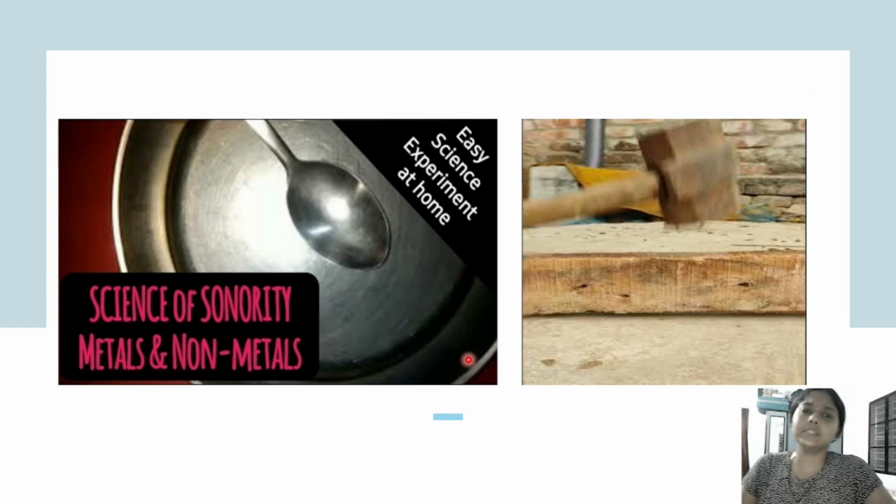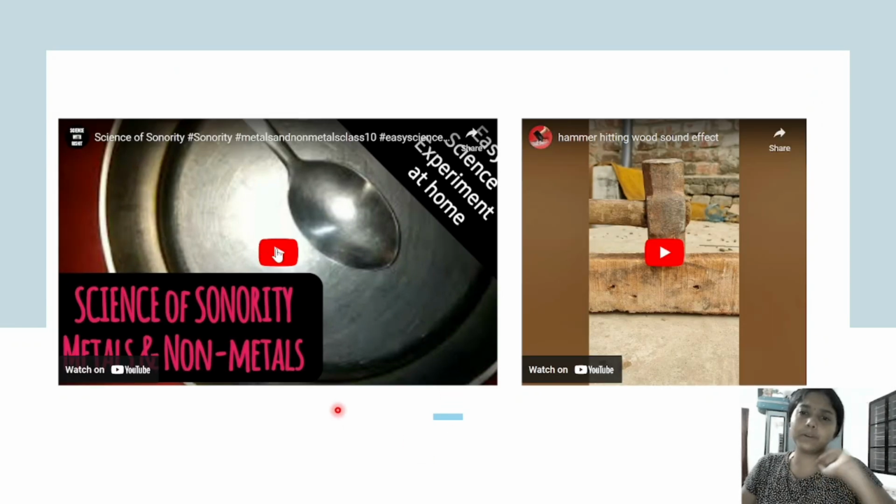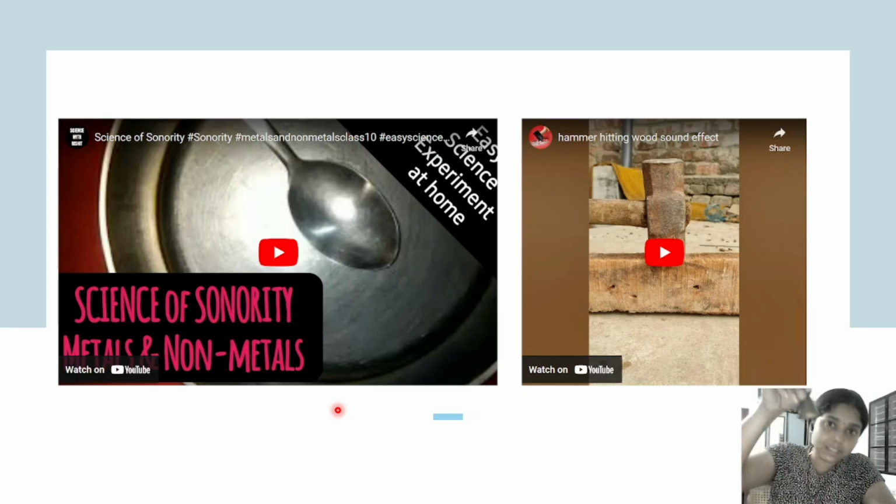Okay, so there's a little experiment about the sound of the metal. Before that, I'll show you one thing. What is it? Yes, it is a bell. What is the sound produced here? The metal bell is producing a sound.